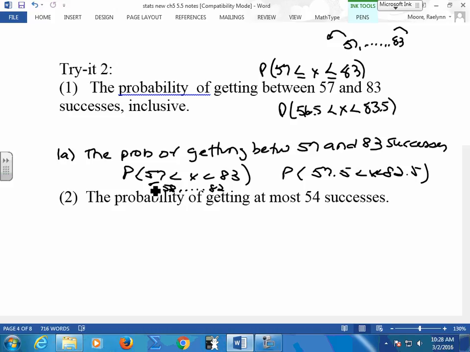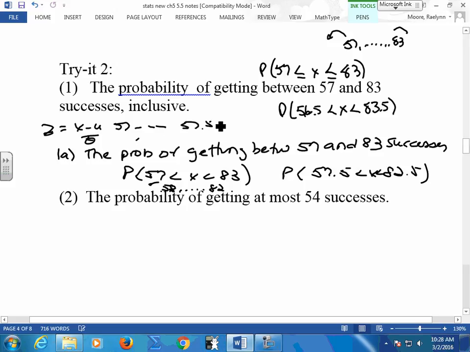Now, your probability statements with your 0.5s never have to have an equal sign on them because you will never get a 0.5. It's just now when we go use your z-score, instead of saying 57, we will say 57.5 minus blah, blah, blah.